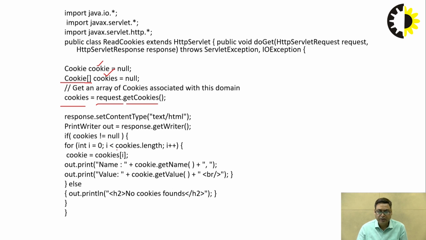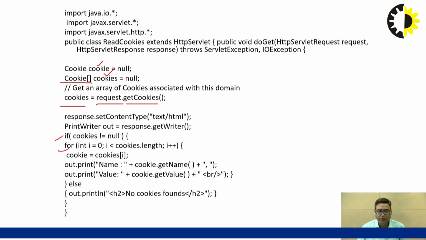Next job in this program is, whatever cookies we retrieve from the client machine, to display the value of each cookie to the audience or to the user. For that, first of all, we are checking if the cookie is not null. Obviously, if the cookies are available, this condition will be true. Then we are using the for loop to move through each cookie, retrieve each cookie from the array and display its value.